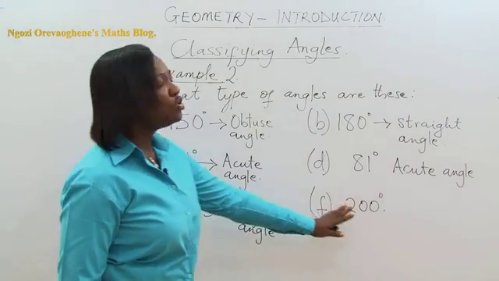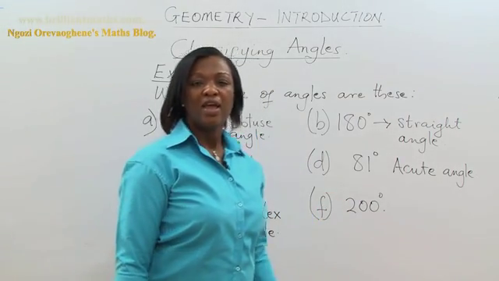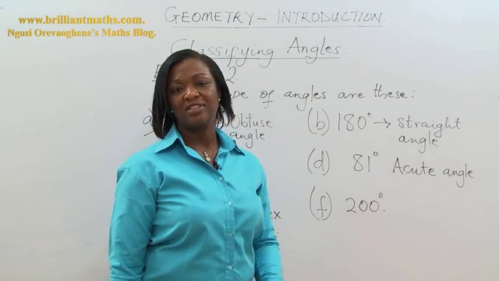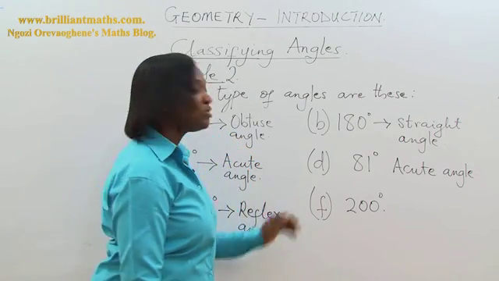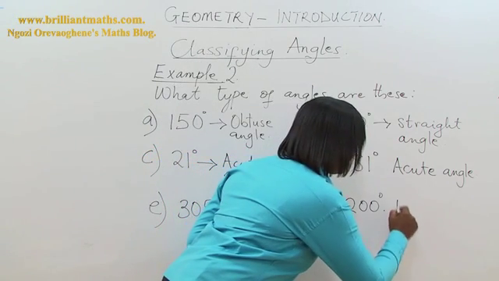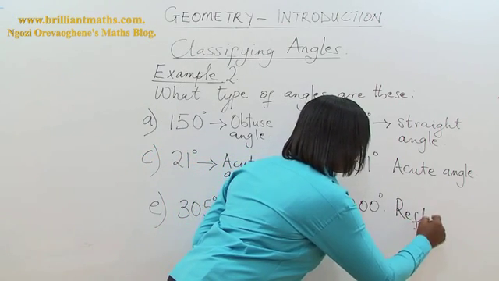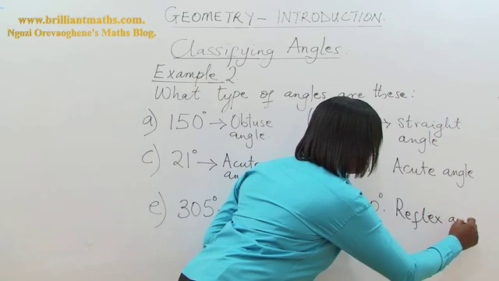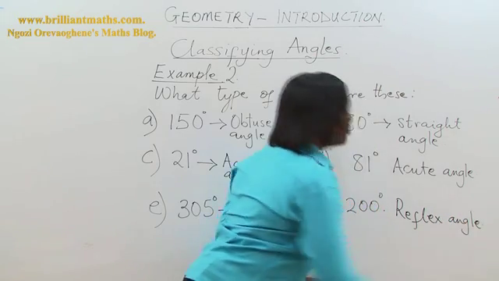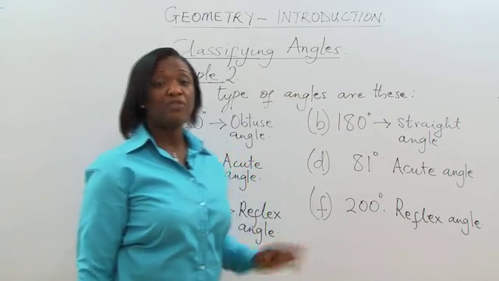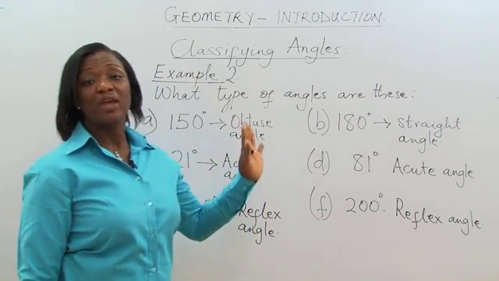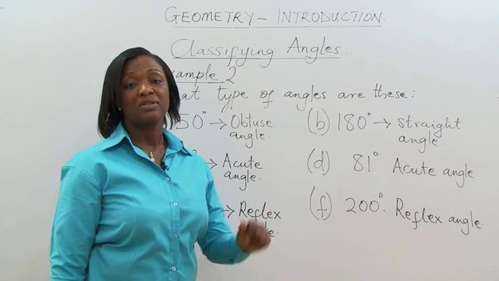An angle of 200 degrees is greater than 180 degrees, but less than 360. So it's also a reflex angle. So you can classify angles without actually measuring them. But if you know their measures, then you can know what type of angles they are.